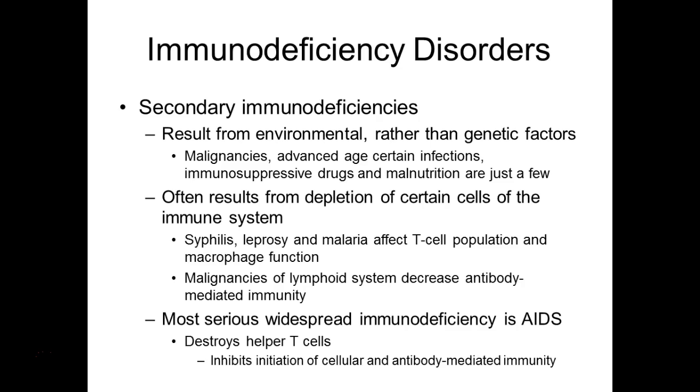Individuals taking immunosuppressive drugs are purposely, for a legitimate reason, suppressing their immune system. Malnutrition can lead to serious immunodeficiency, because remember, this is an army you must feed. If you're malnourished, you cannot support this army to defend you.